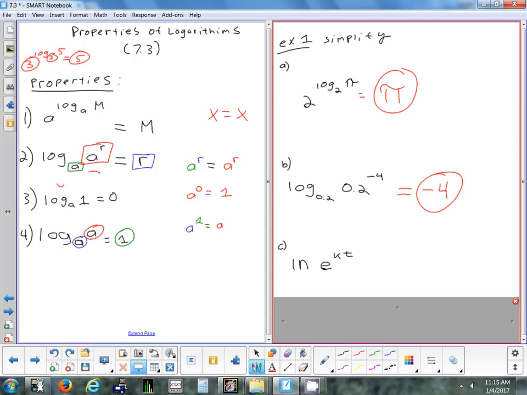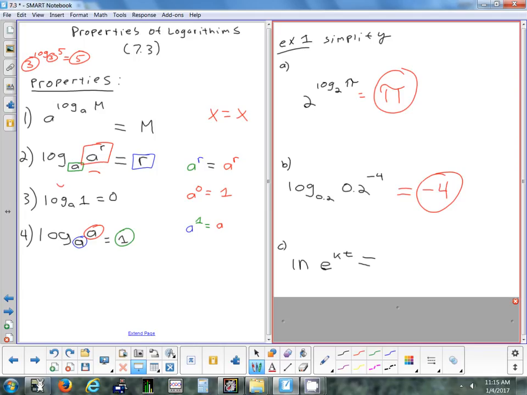Okay, how about C? The ln of e to the kt. That is one of our rules, but it's not quite as obvious which one this time. No one? It is rule 2. Can you tell me why? Or can you rewrite that?